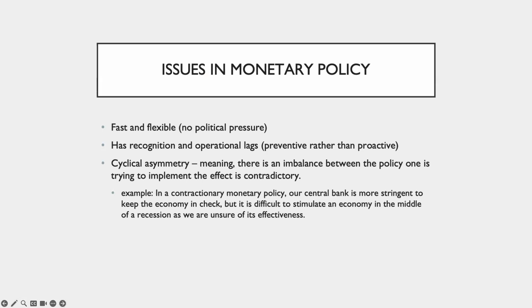And of course, there is this thing called cyclical asymmetry, which means that there is an imbalance between the policy one is trying to implement and the effect is contradictory. Now, what does this mean? When we talk about cyclical asymmetry, we see that one method is effective, but the other way, not so much.